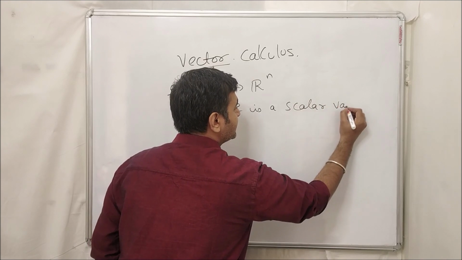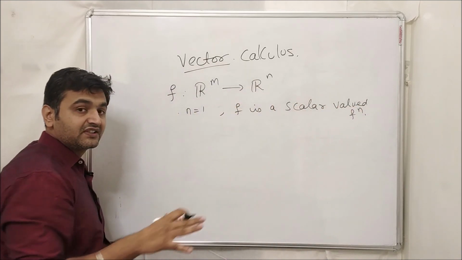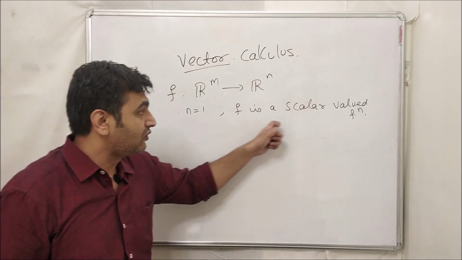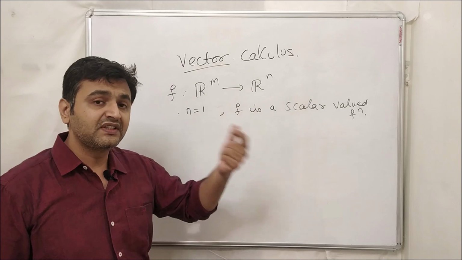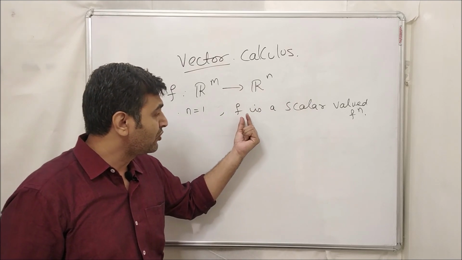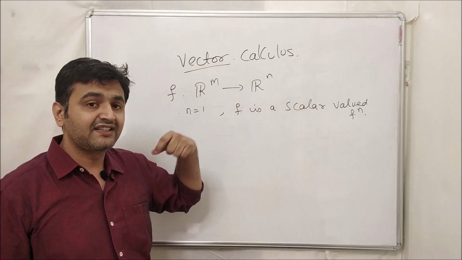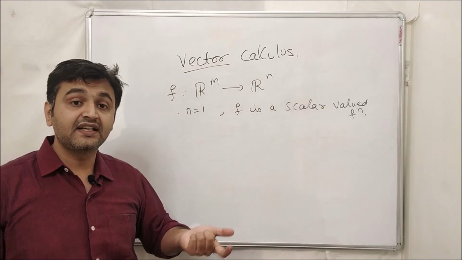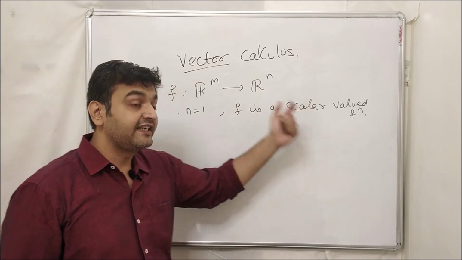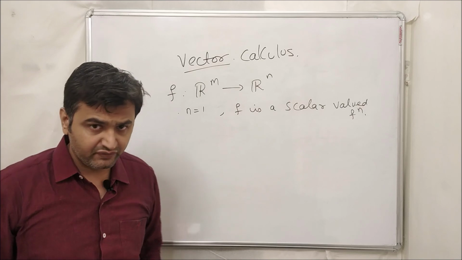Scalar, that means whenever your output is a number, then such functions are called scalar valued functions. Since here the output is a real number, sometimes people also say f is a real valued function. When you have a complex number as an output, we say f is a complex valued function. When you have an integer as an output, we say f is an integer valued function. So in general we say scalar valued function.